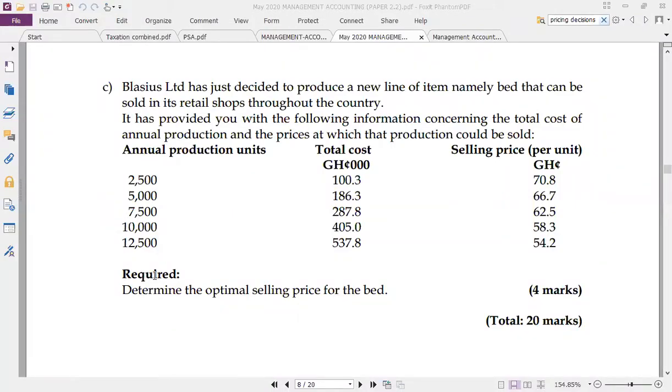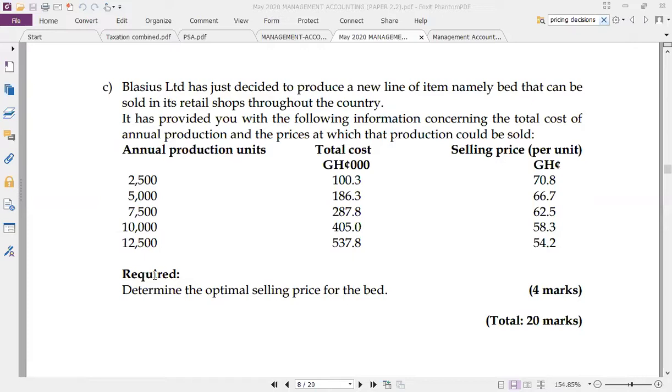So let me copy this one. 2,500 units, 5,000, 7,500, 10,000, and 12,500.